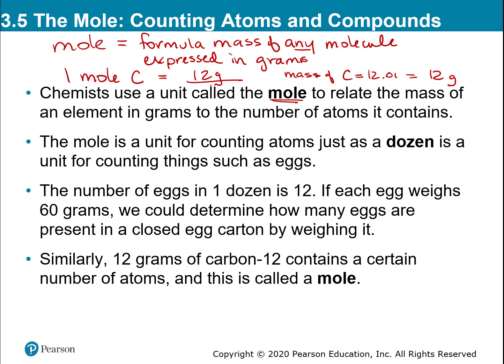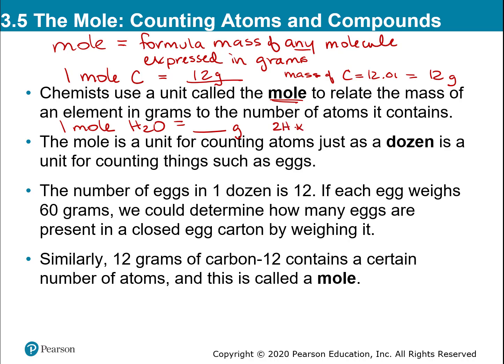Just 1. So if I have 1 mole of water and I want to know how many grams, do you see how it looks like a unit conversion? Like how we did 100 meters is how many millimeters? This is like 1 mole of water is how many grams. But instead of using the metric conversion, you just use the formula mass. So you look up the mass of 2 hydrogens and 1 oxygen and add them together. I have 2 hydrogens.